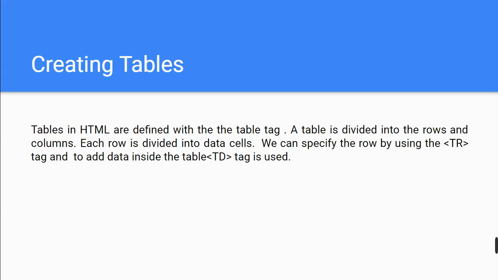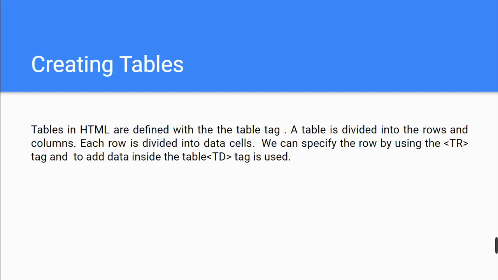Then creating tables. So tables, as we all know, what are tables? Tables are the combination of rows and columns, and tables are used to organize data in a proper manner.